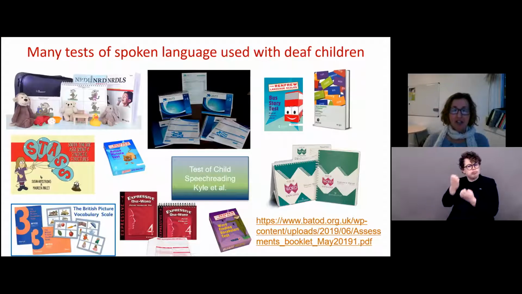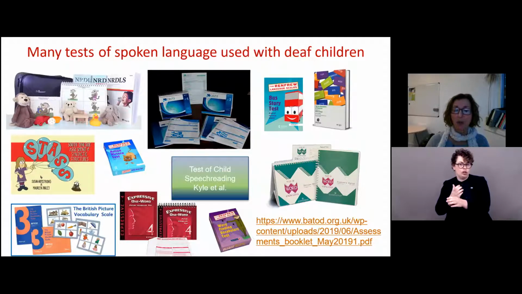So a little digression here into the world of spoken language testing. These are a small selection of the range of tests of spoken language that there are. I mean, there are hundreds of assessments, and many of these are used with deaf children to look at their spoken language development.